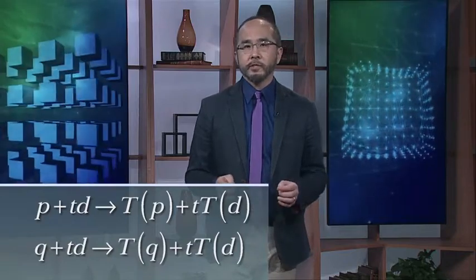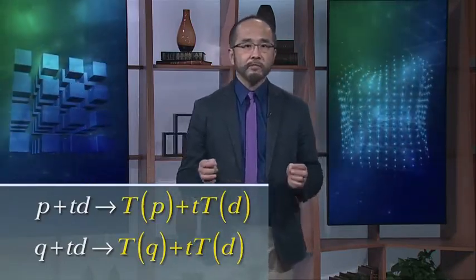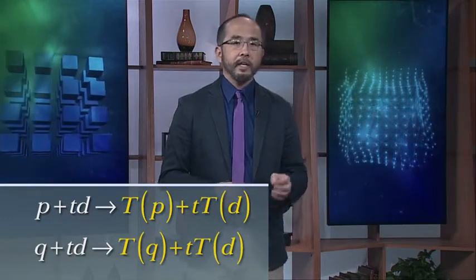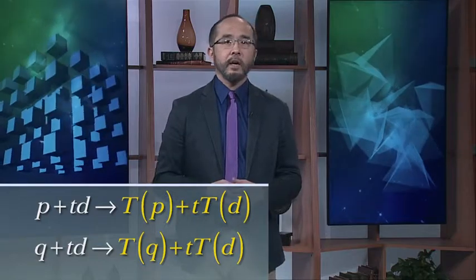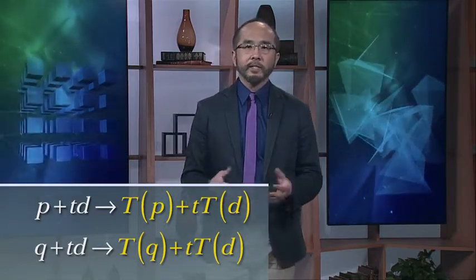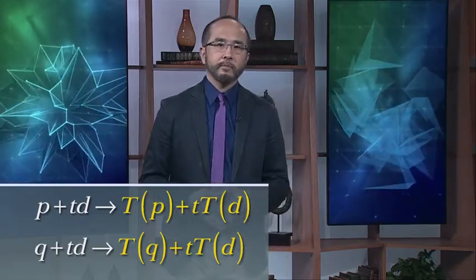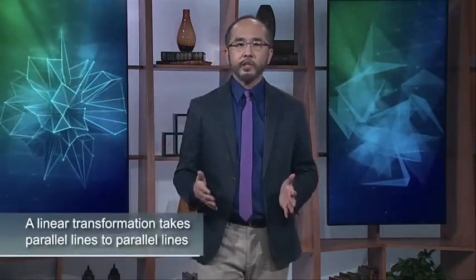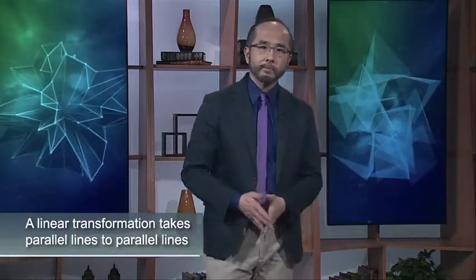Then their images, capital T of p plus little t times capital T of d, and capital T of q plus little t times capital T of d, are also parallel because they have the same direction vector, T of d. So a linear transformation takes parallel lines to parallel lines.